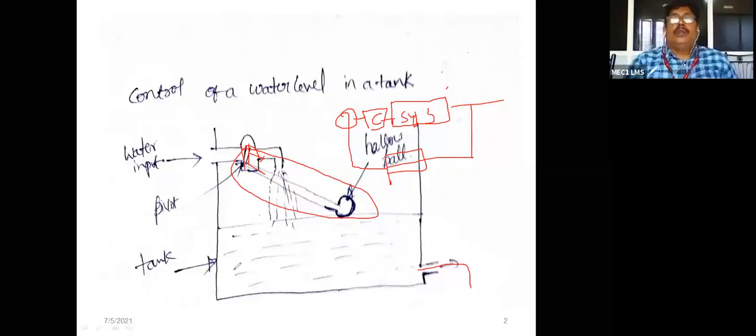So this control element is activating the entire system. Whenever the water rises, it automatically cuts off. Whenever the water falls, then automatically with the help of that control element arrangement, it will open, thereby the water falls into the tank. So this arrangement is nothing but the control element.